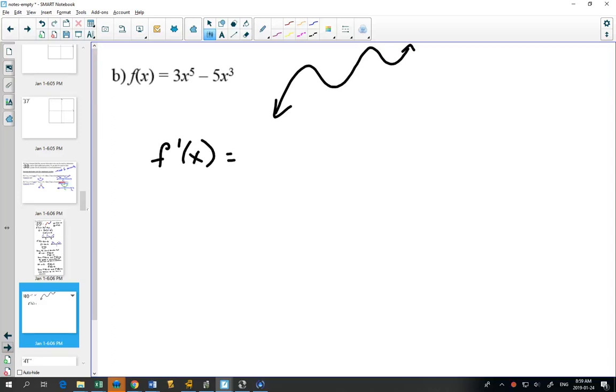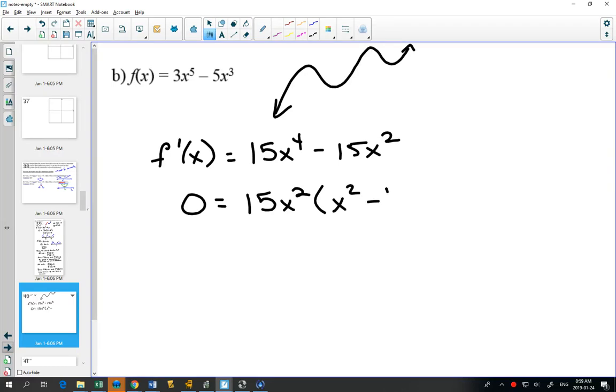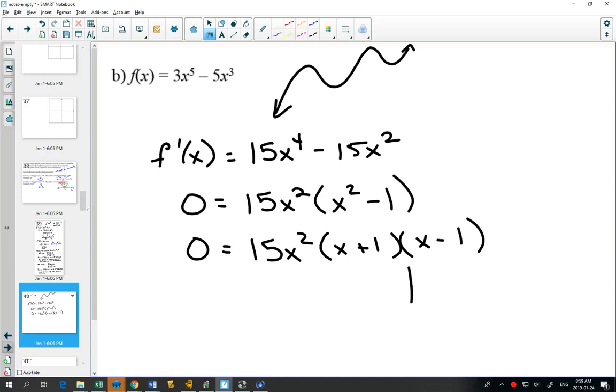Our first derivative, set our first derivative equal to 0, we can factor out a common factor of 15x squared, leaving us with the difference of squares. And 3 critical points.